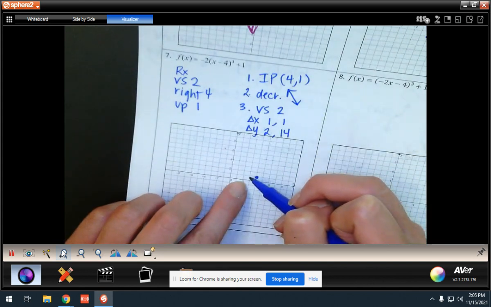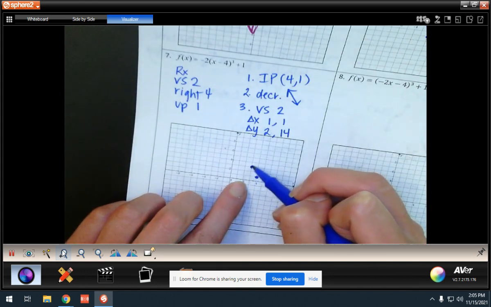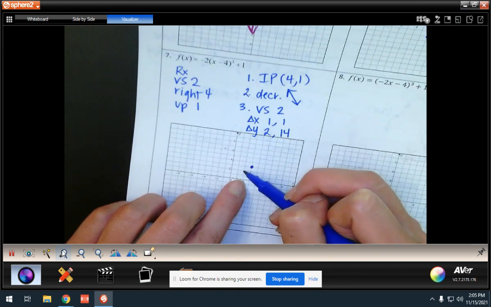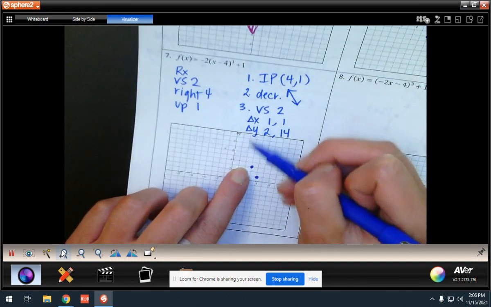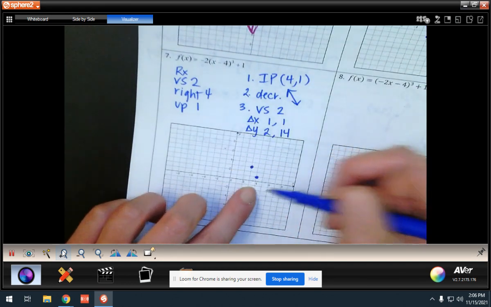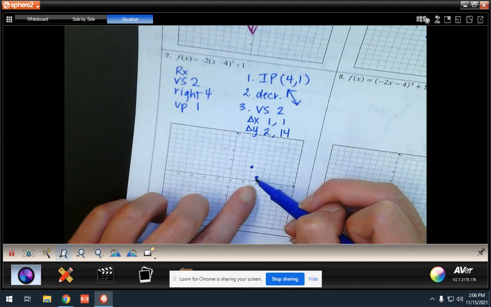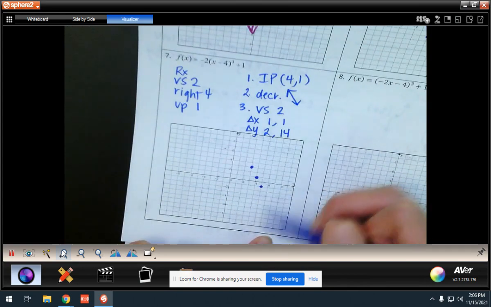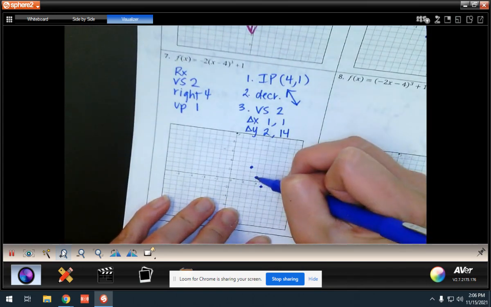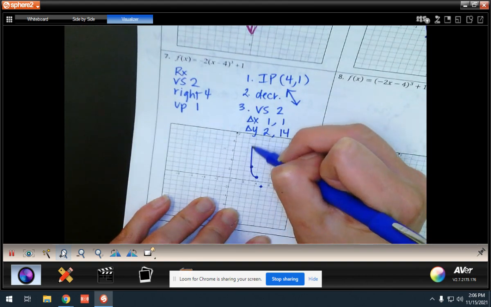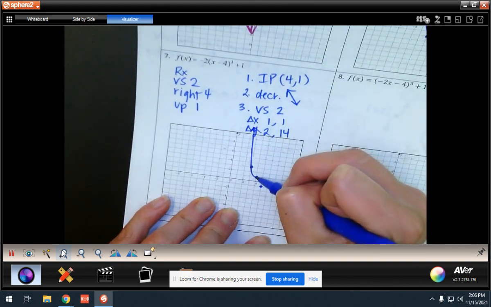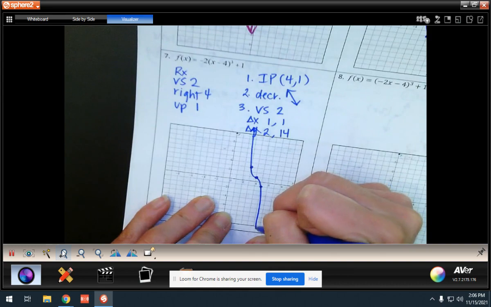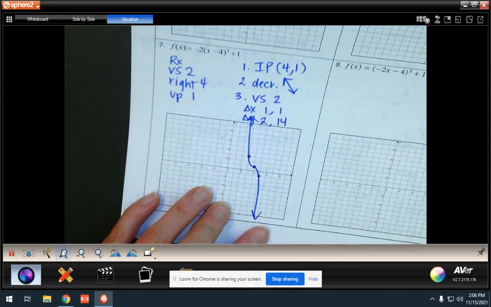Okay, so over 1, up 2, over 1 more, up 14. That's off our graph, so we won't graph it. Go down here, over 1, down 2, and then down 14 will be off our graph. So make a very steep happy parabola and a very steep sad parabola for a decreasing function.